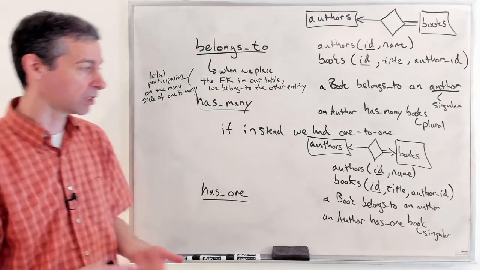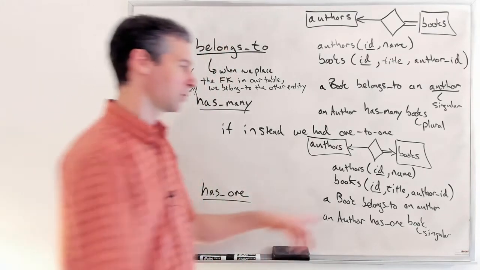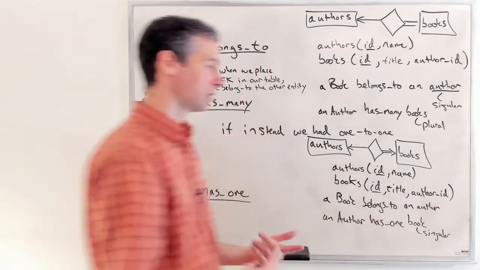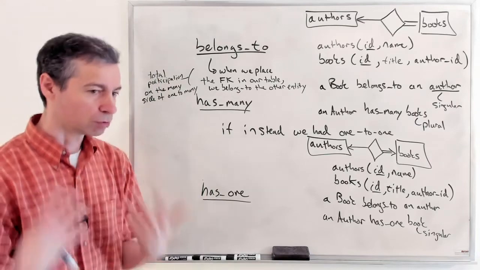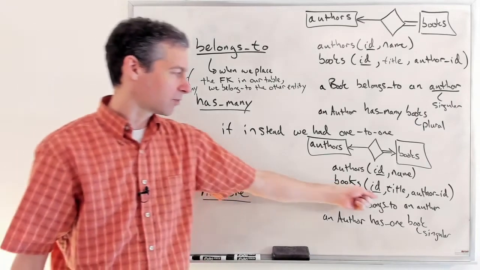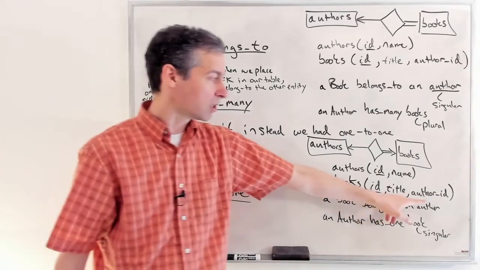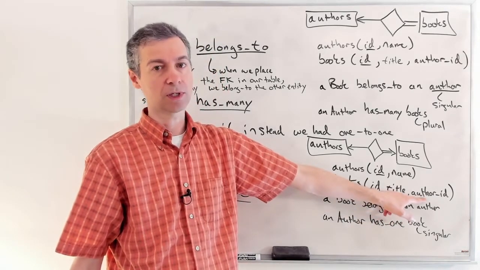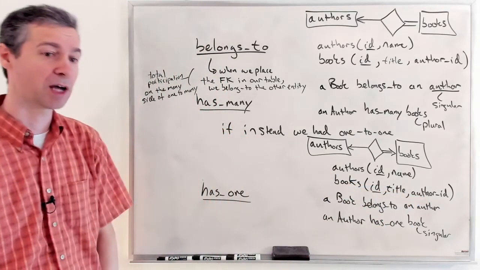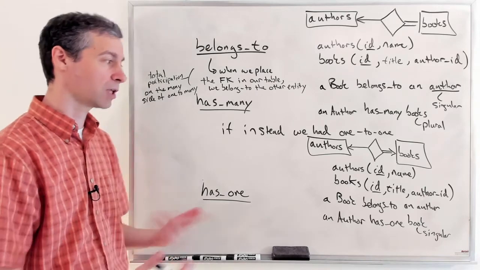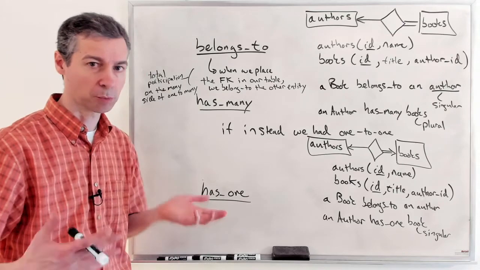Alternatively, if you were just doing database stuff, you would say the ID and author ID together form the primary key, but no, don't do that, because again, Rails wants its models to have this nice singular primary key ID. Great. So if we needed to enforce this, we would stick a unique index on author ID, to prevent us from ever violating the notion that we had an author assigned to more than one unique book.